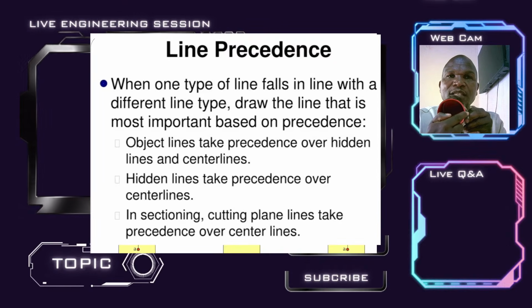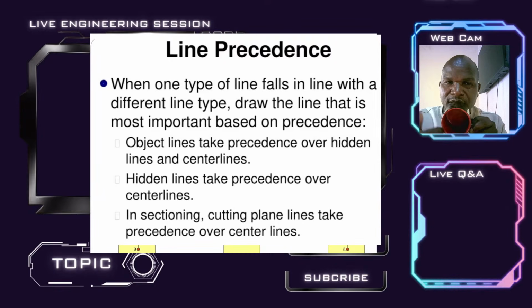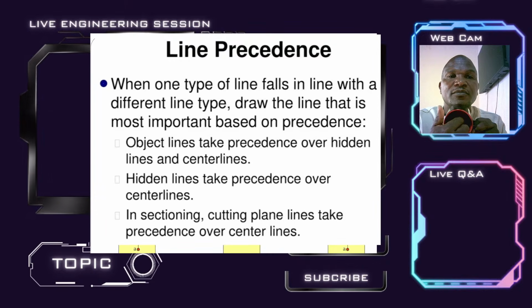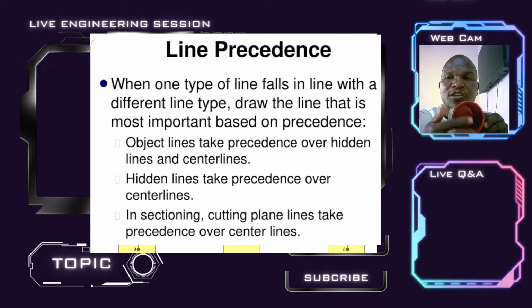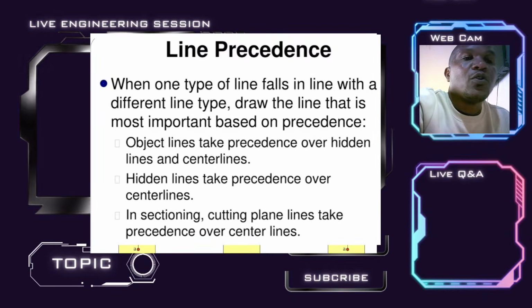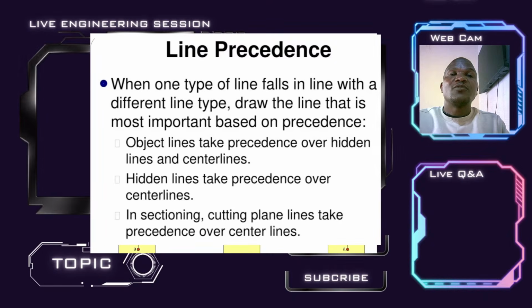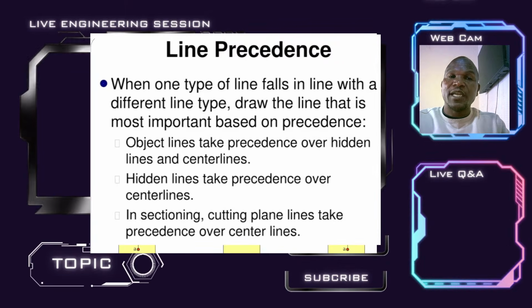In this case, if the line is not visible, the edge is not visible, then we'll just be drawing the hidden lines. But if they are neither of the two, then this is where the center line only can remain as circular in nature, and the center line is drawn. So, which is the least in this case? The center line, followed by hidden line, followed by object line.